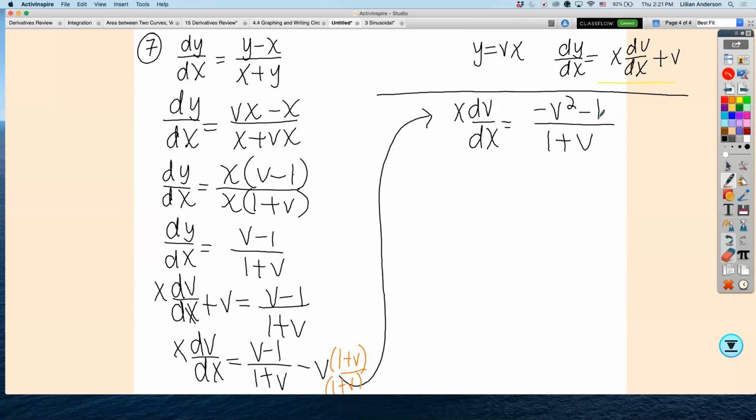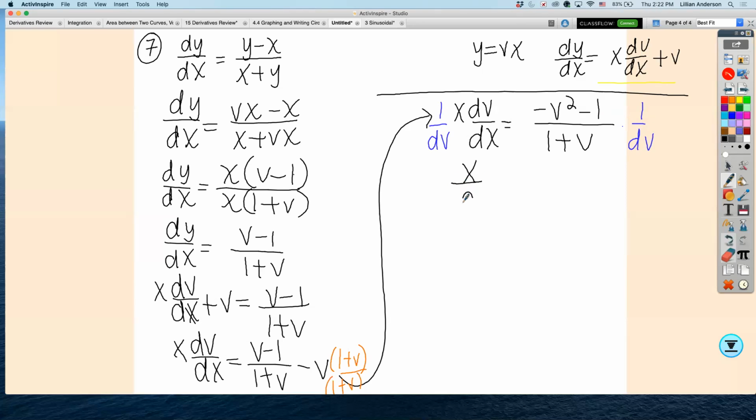Multiply both sides by 1 over dv. But then if I do that, this is going to cause my dv's to cancel out.